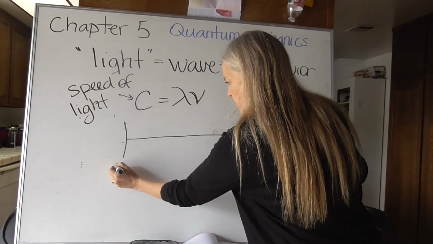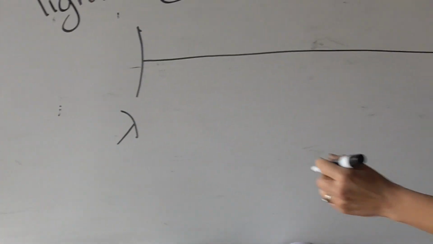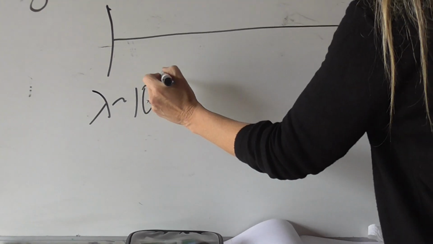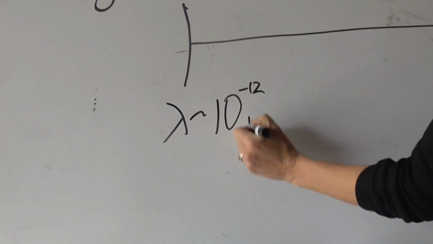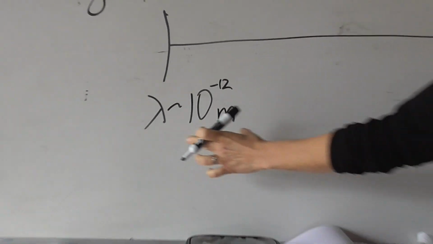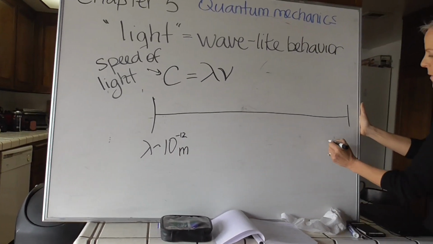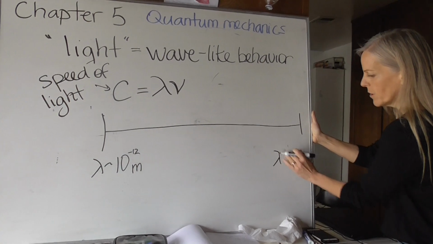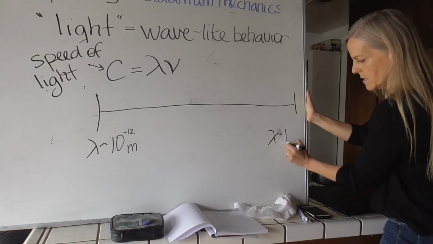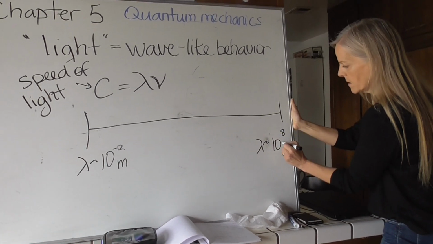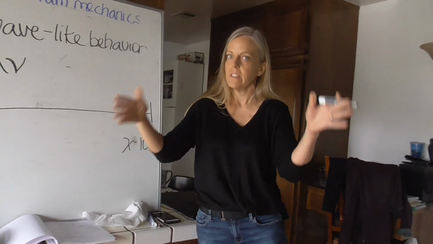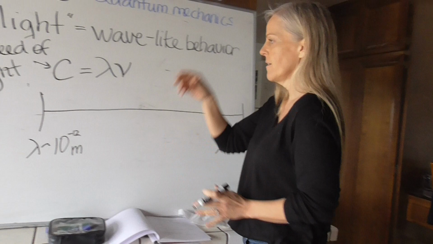So all the way over here, and there's a good picture of this in the slides, we say the wavelength is about 10 to the negative 12 meters, so really short. And then all the way over here, we'll say the wavelength is approximately 10 to the 8 meters. So this is the length of the wave.